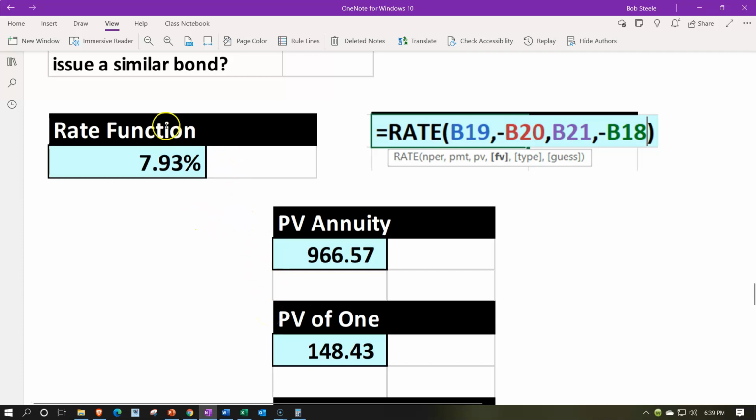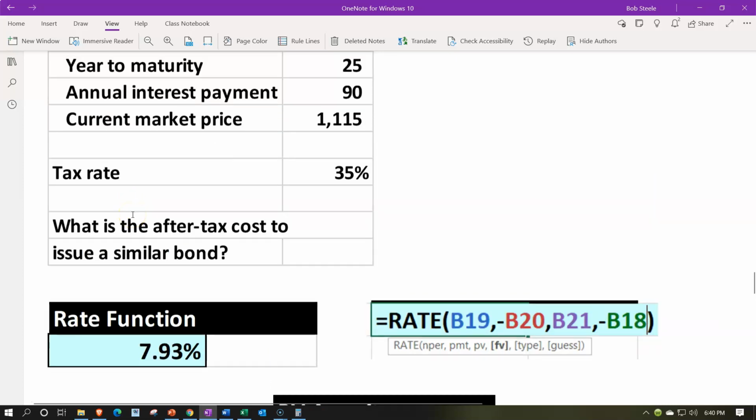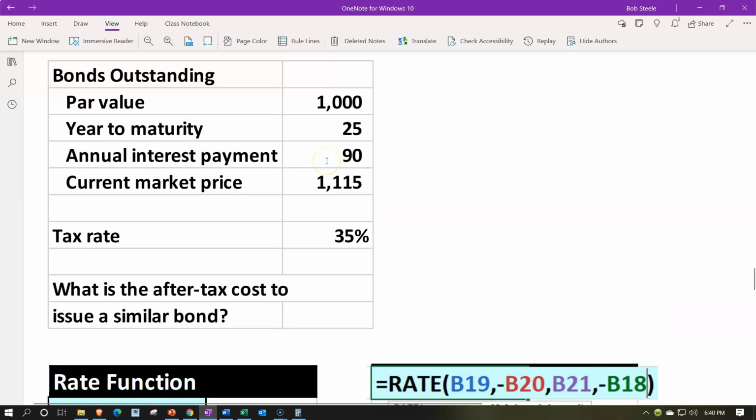Also note that when you use this method, and either method you use, you should have an idea of what you expect the rate to be, because I know the rate up top is 90 divided by 1,000, which is 9%. So I know what the rate is for the rate on the bond. They're issued at a premium.